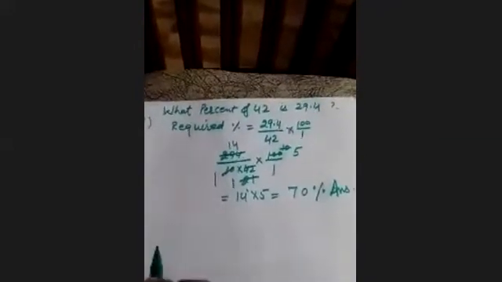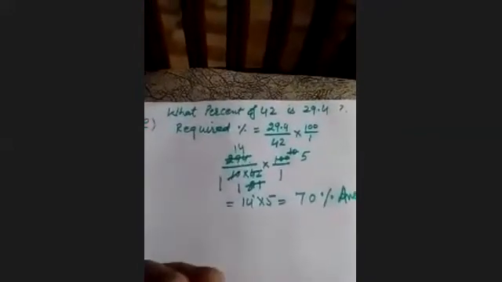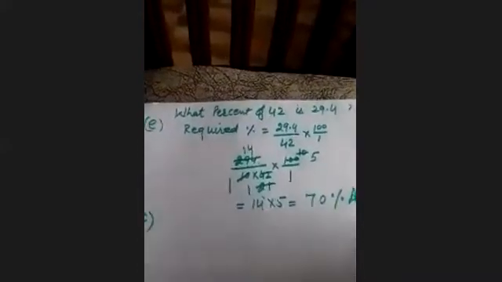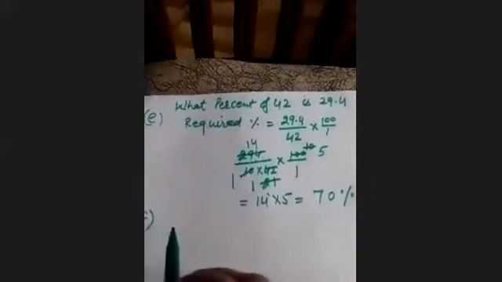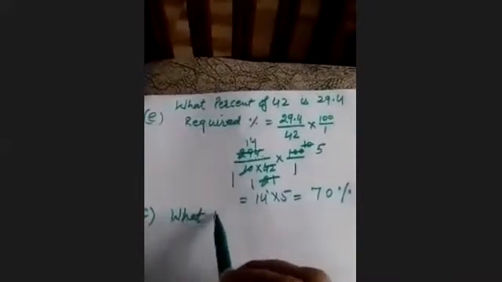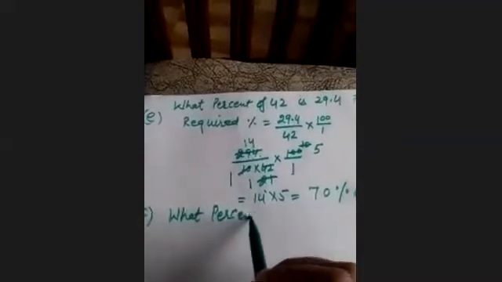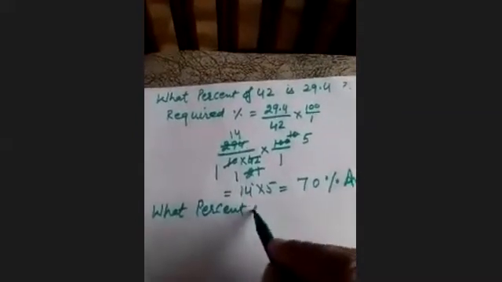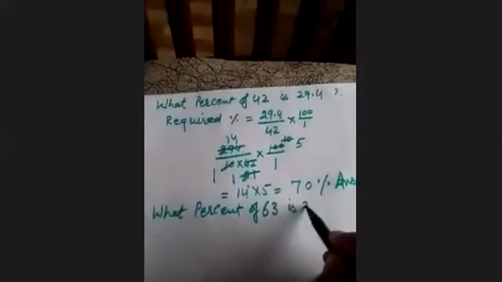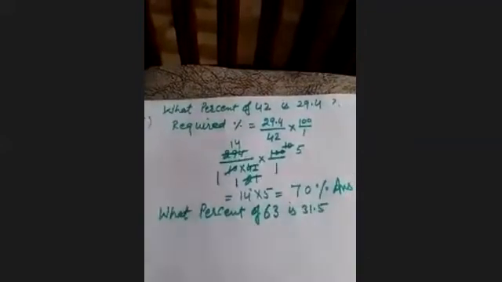Now students, part F of question number 7. What percent of 63 is 31.5?